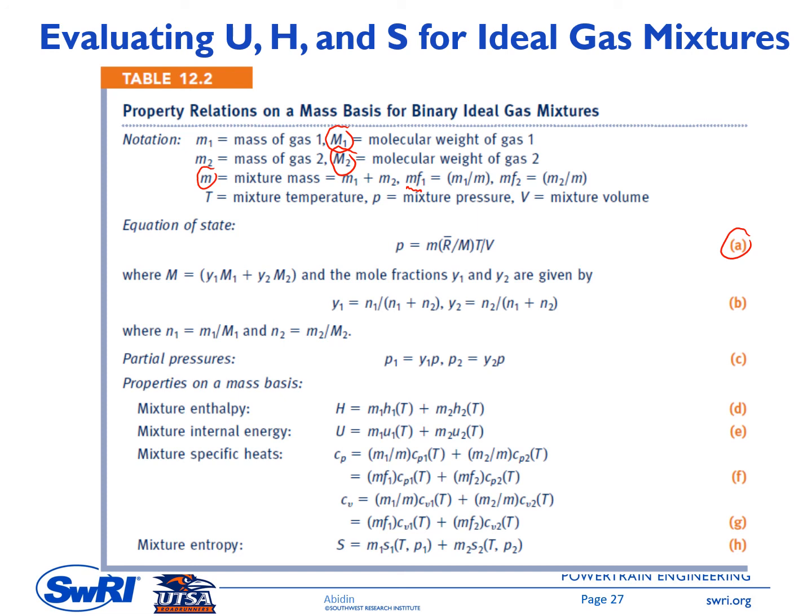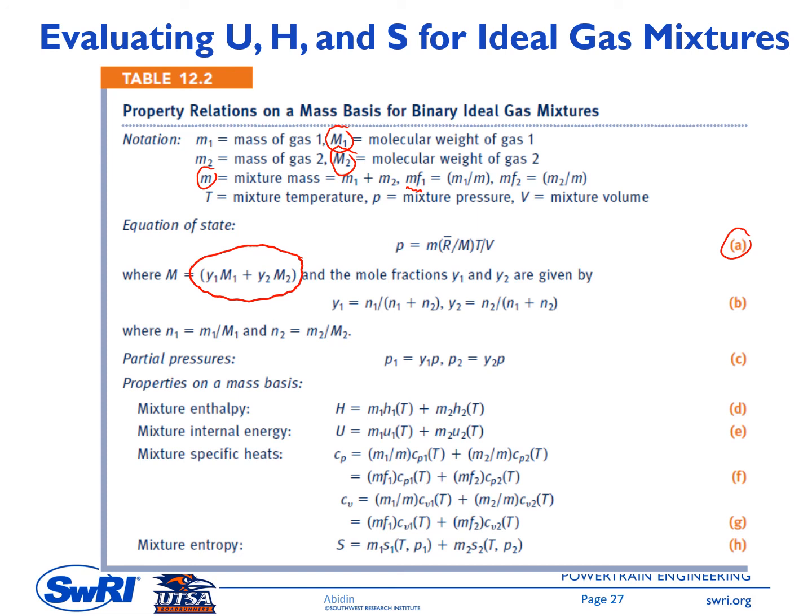So M here is the apparent or average molecular weight of the binary mixture. So it is defined with this equation. You can check it in the previous slide. So M equals y1 times M1 plus y2 times M2.